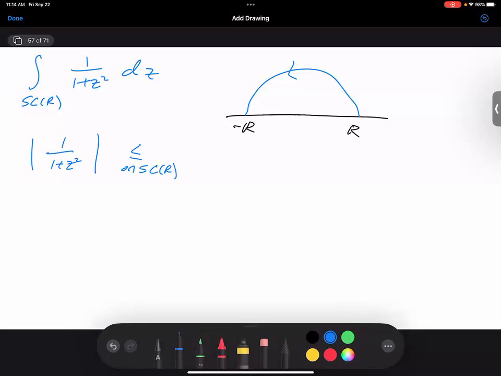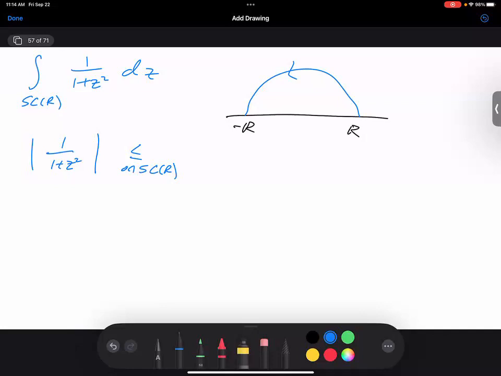Why 1 over r squared? You're morally correct, but you're wrong. Let's do 1 over r squared times 2. So you mean 2 over r squared? Yeah, 2 over r squared is probably safe.